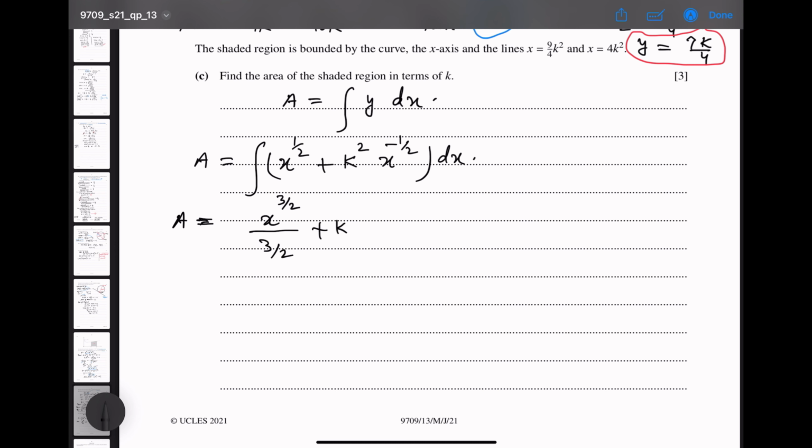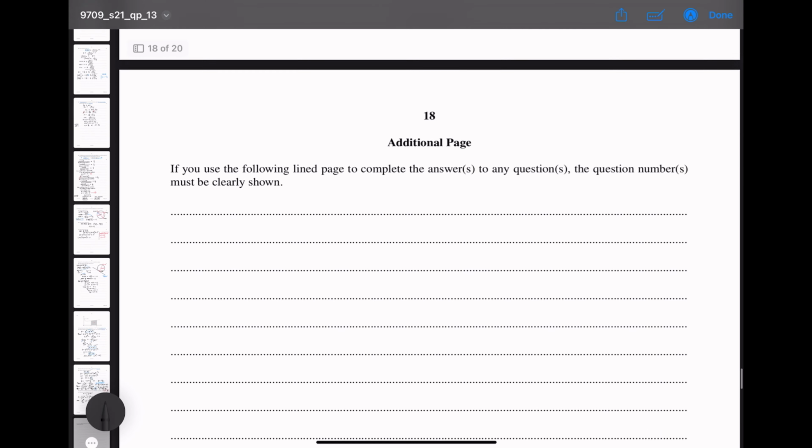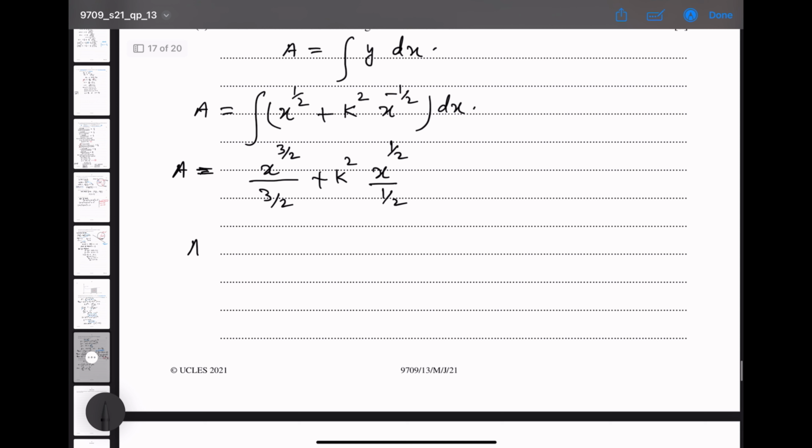Plus k square remains as such because it is a multiple, x power 1 over 2 over 1 over 2. We simplify it. A will be 2 over 3 x power 3 over 2 plus 2k square x power 1 over 2.